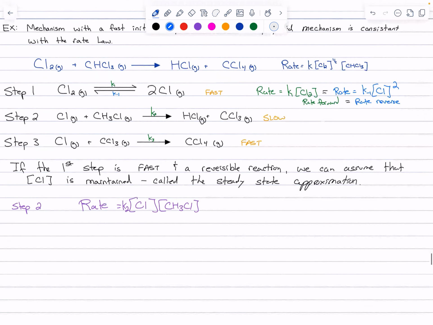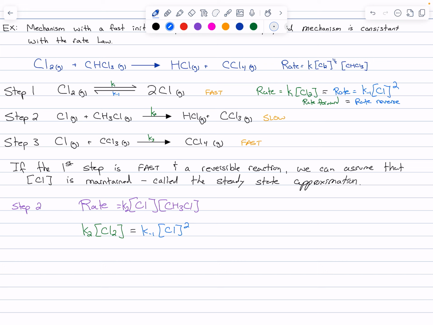So I'm going to say K1 times the concentration of Cl2 would equal K minus 1 times the concentration of Cl squared. What do I want to get by itself? I want to get Cl by itself.